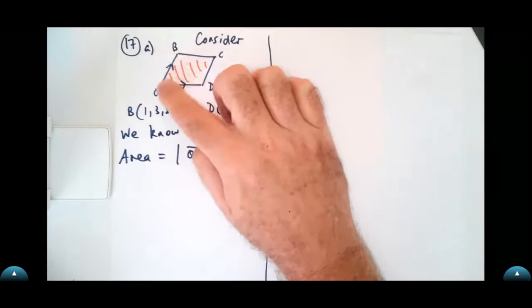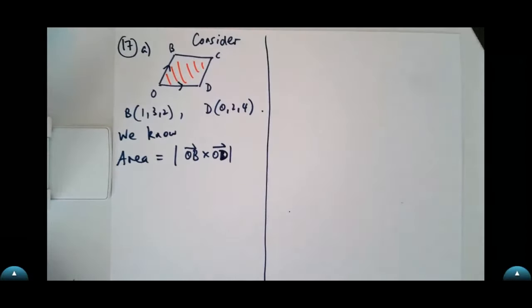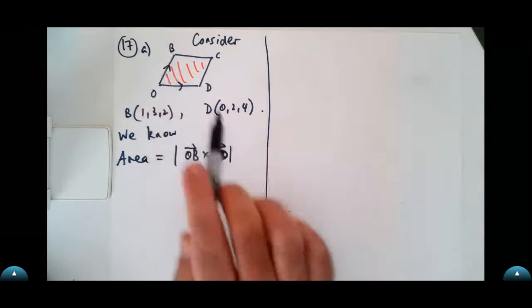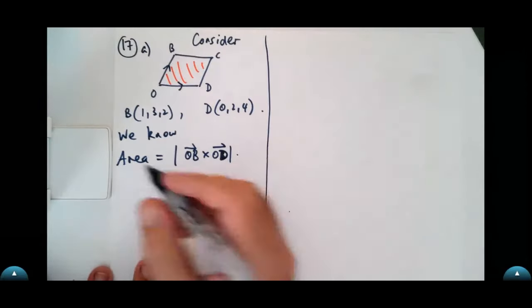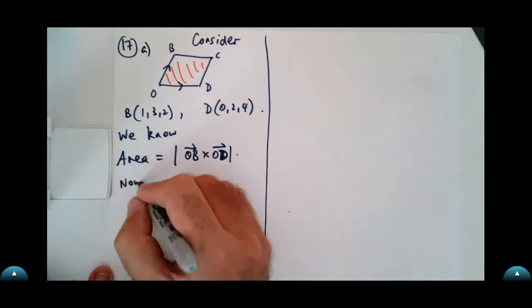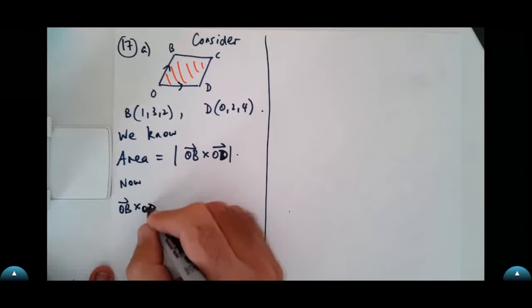So you take that vector, and you cross them together, and you find the magnitude or the length. Okay. So we know what these things are just because you can think of them as position vectors. So let's work out the cross product, and then we'll find its length in a second step.